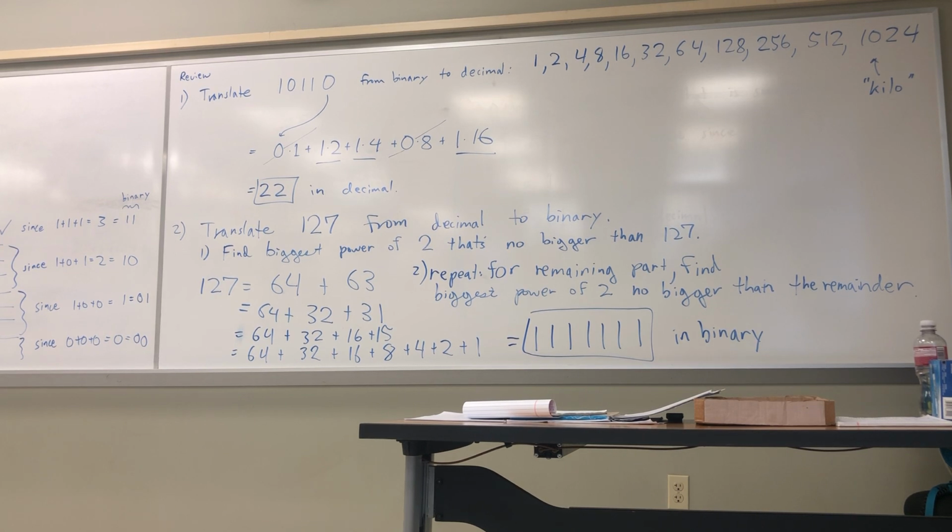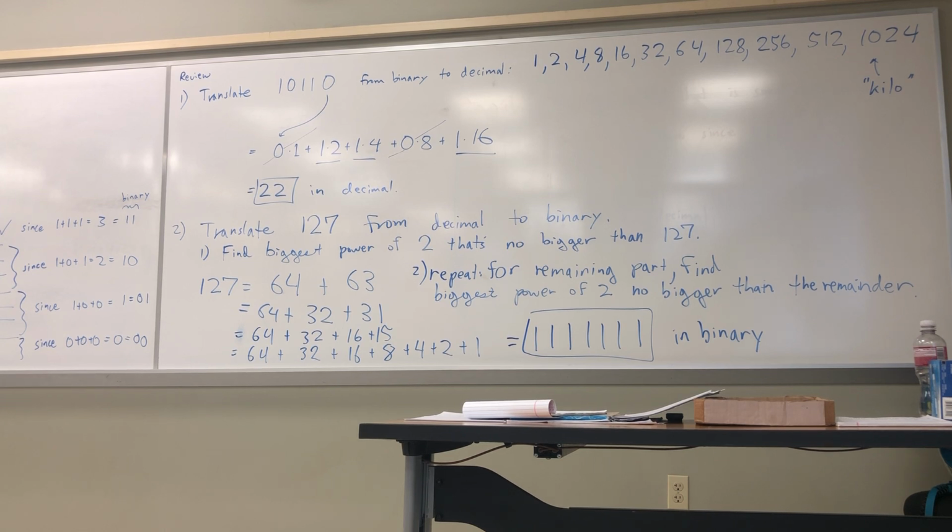So that's finding the biggest power of 2 that fits into it, and then looking at the remainder, finding the biggest power of 2 that fits into that, and looking at the remainder, is the way you usually do it. And that'll give you a unique answer every time that you can then double check if you want. But if you do start out with a number that's 1 less than a power of 2, it's always going to give you a string of 1s.